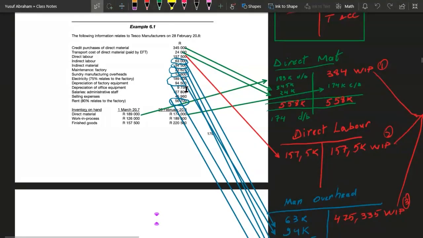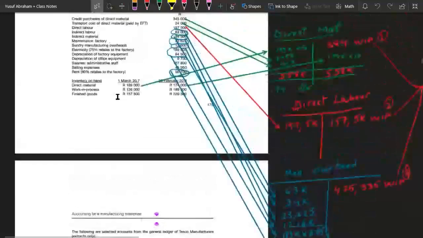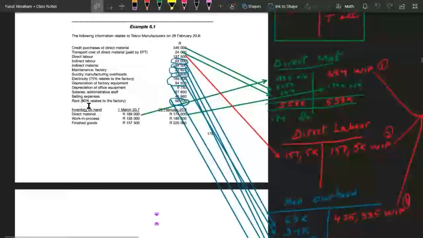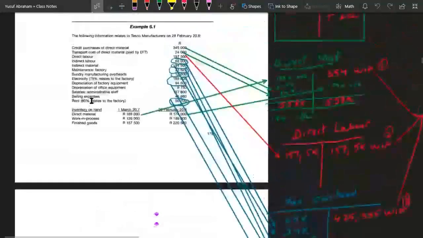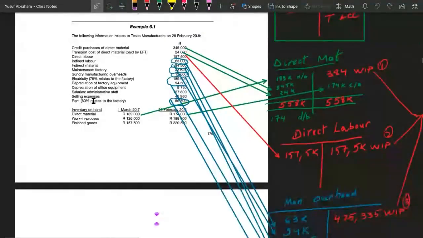You are not going to send that to the manufacturing overhead because it is for the office equipment. Salaries of admin staff, you are not going to send that to the manufacturing overhead because it's administrative staff. Selling expenses, all right? And rent. But rent, only 80% of rent will go to the factory. And that's what you're going to take into account. Does that make sense? All right.